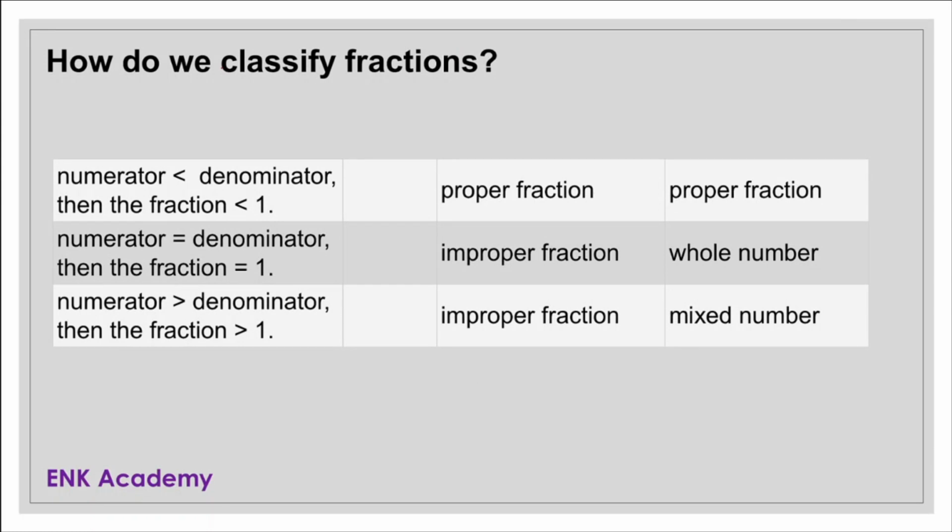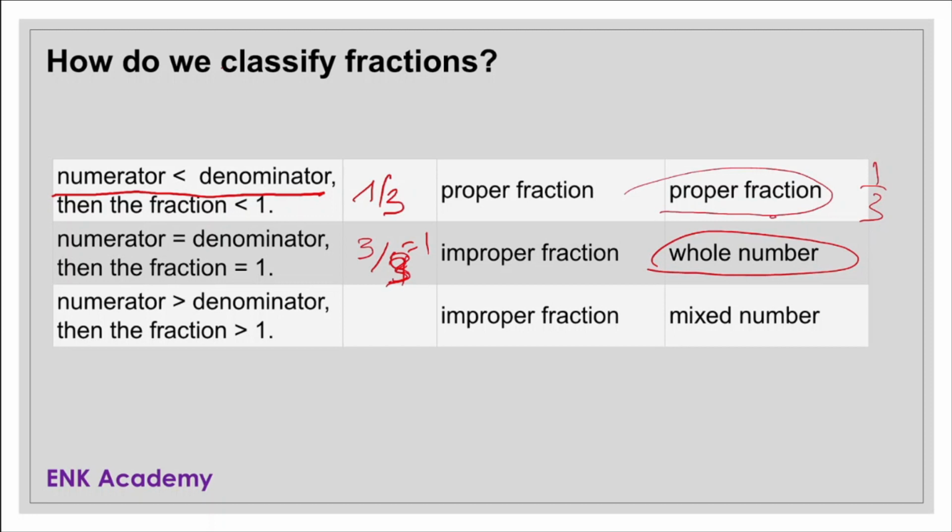If the numerator is less than the denominator, for example 1 over 3, we talk about a proper fraction, and this should be represented as it is, 1 over 3. When the numerator is equal to the denominator, 3 over 3, we talk about an improper fraction, but because this is equal to 1, it becomes a whole number.